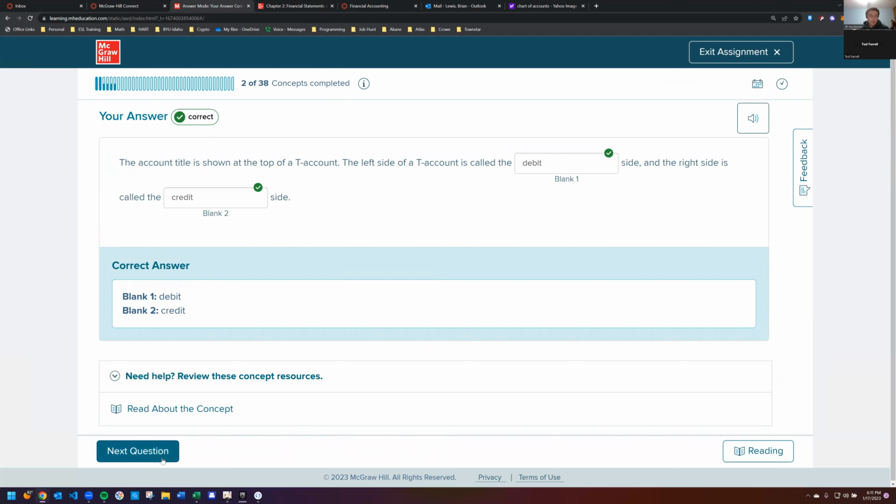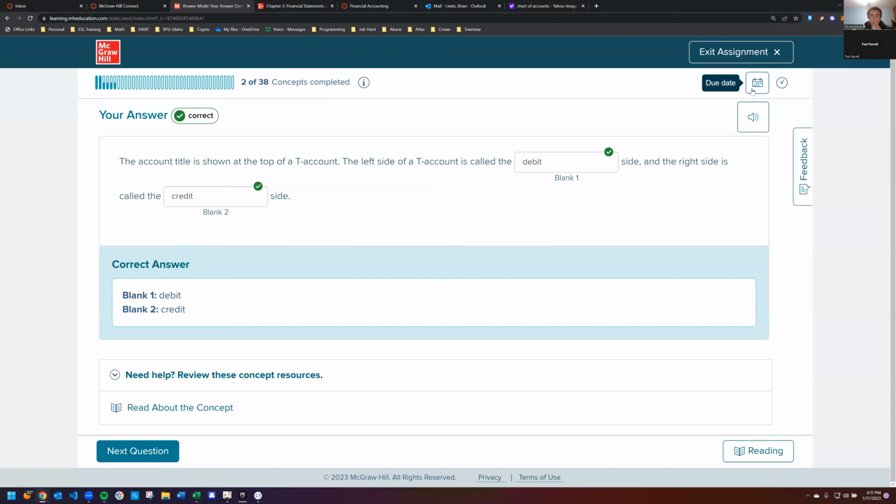Brother Lewis, I actually took pictures of the problems that I didn't really get. Would you like me to share my screen? Sure. Let's see, due date, concepts completed. Yeah, go ahead and show me your screen and I'll work through it.